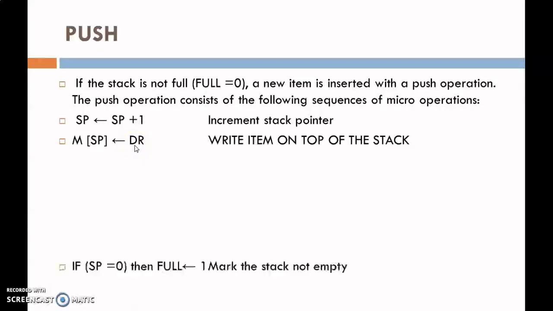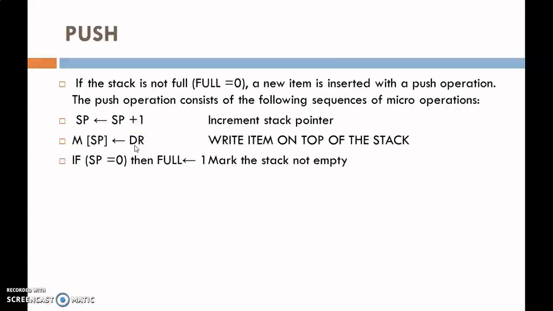Then check the value of the 1-bit register. If SP equal to 0 after the insertion operation, that means my register stack is full. Means locations 1 to 63 are packed with data items. Now SP equal to 0, then full is set to 1.